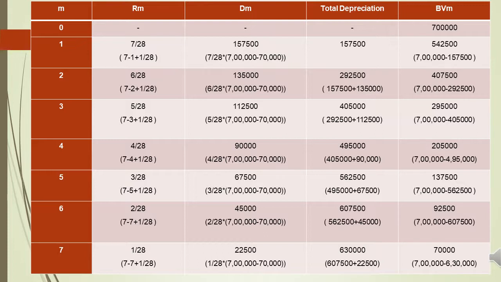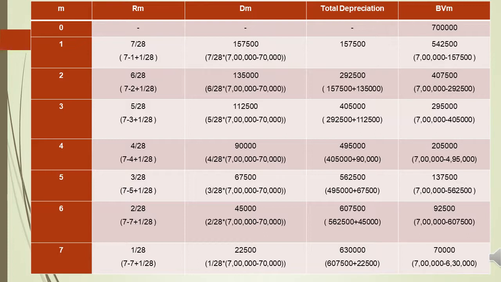Now I am going to calculate DM for the second year. That will be 6 by 28, that is RM of the second year, into P minus F, that is 7 lakhs minus 70,000. So that will be my DM value for the second year. Next I will calculate the DM value for the third year, that is 5 by 28 into P minus F, 7 lakh minus 70,000.